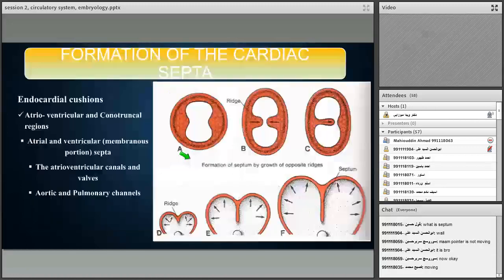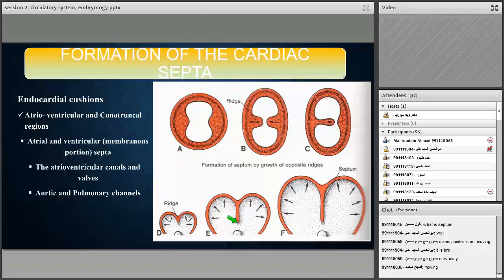In the second form of septum formation, there would be just a foramen in the lumen, and the lumen would not divide into two parts completely. The septation and the division of the lumen into two parts will not occur completely.